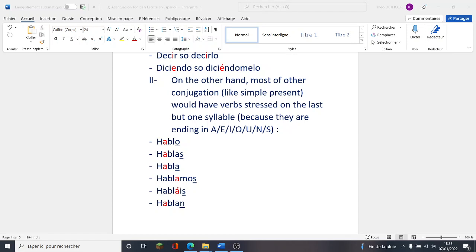For example, the verb hablar is accentuated on the A each time, except obviously for nosotros and vosotros, but in each case it's accentuated on the last but one syllable. Hablamos also. Habláis, in order to do so you need a written accent, but basically it's accentuated on the last but one syllable because all the conjugation in the present follows the first rule, ending with a vowel, an N or an S. So yeah, that's also a tip that you can notice in the conjugation system.